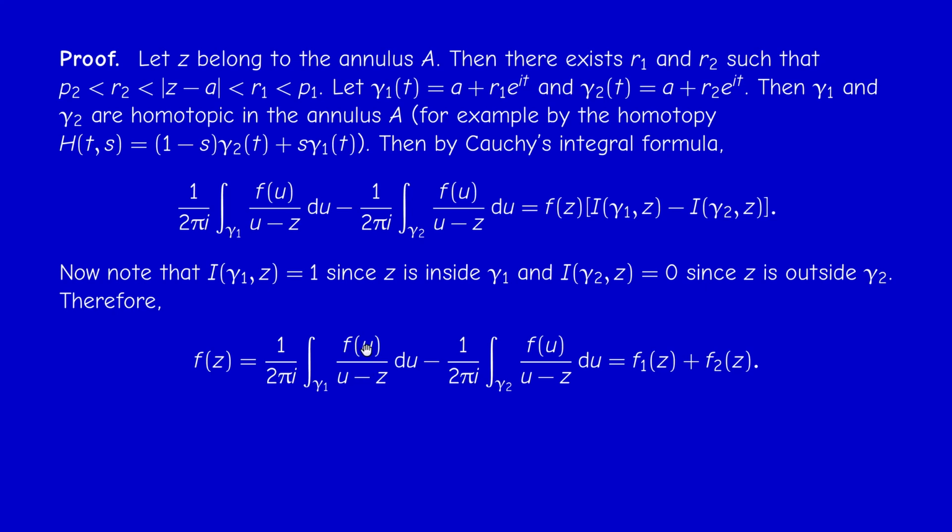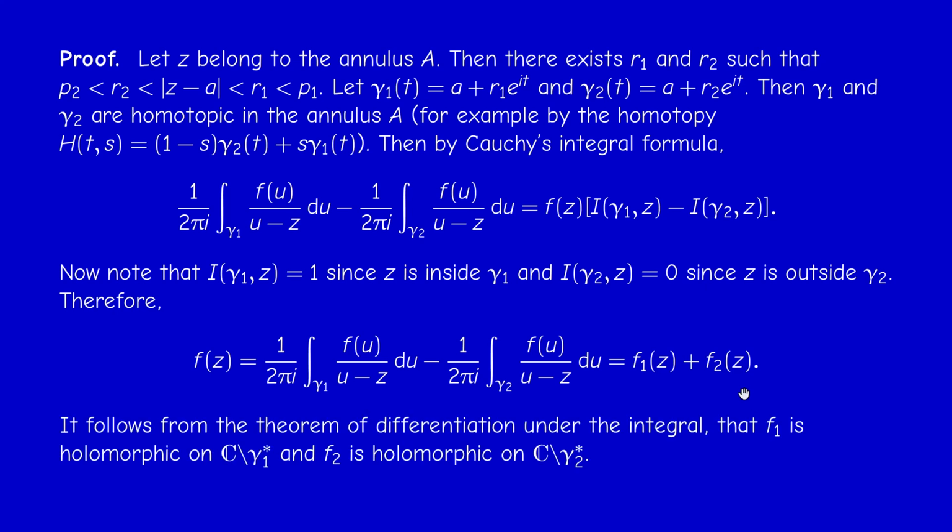It follows from that theorem that this function of z is holomorphic, because it's the integral of a function of two variables, continuous in both variables and holomorphic with respect to z. Everything is well defined: u is never equal to z because u is on the circle and z is inside, and for the other, z is outside. Same thing. So f1 and f2 are holomorphic on the complement of the circles.